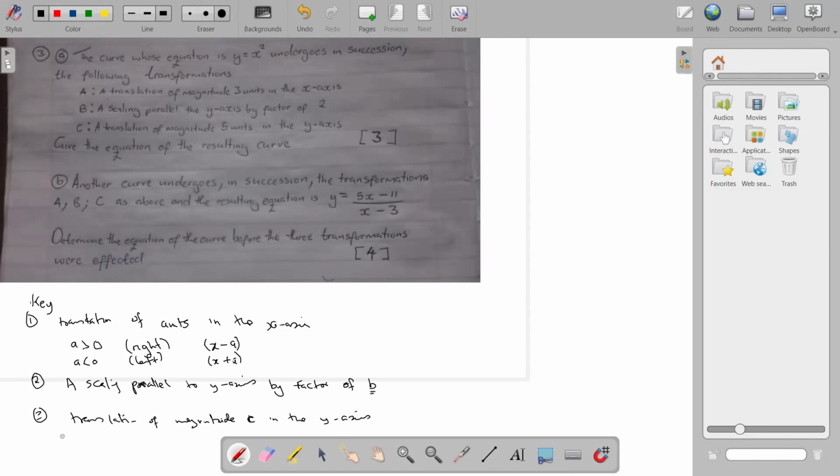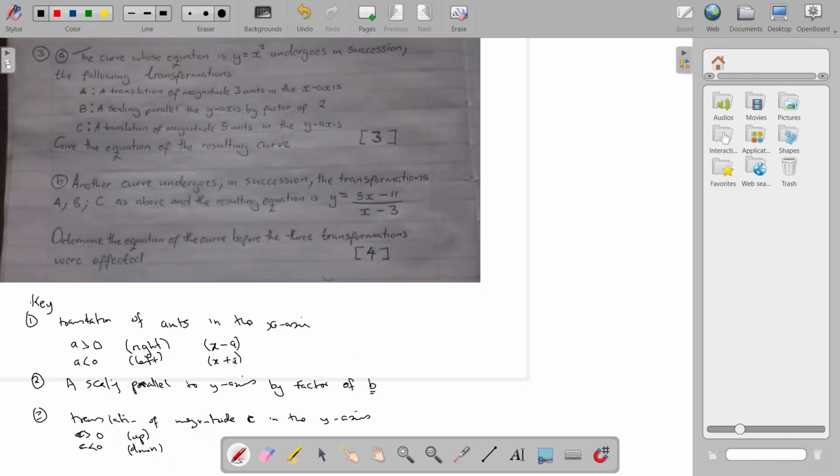So we have to understand that if your c is greater than 0, it therefore means that your graph is going up by the number of units, and you have to add the number of units to the entire function. And if the c is less than 0, it means your graph is going down. Therefore, you have to subtract the number of units it is going down by from the entire function.